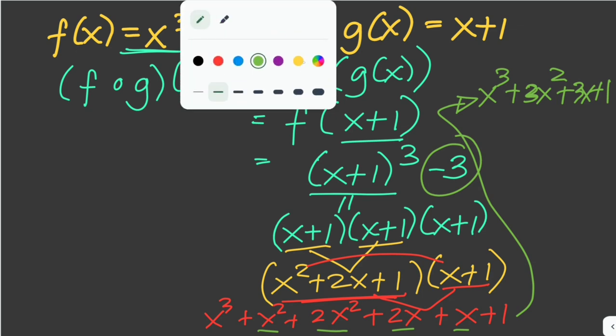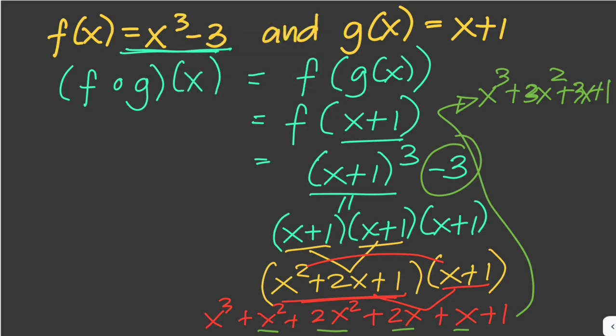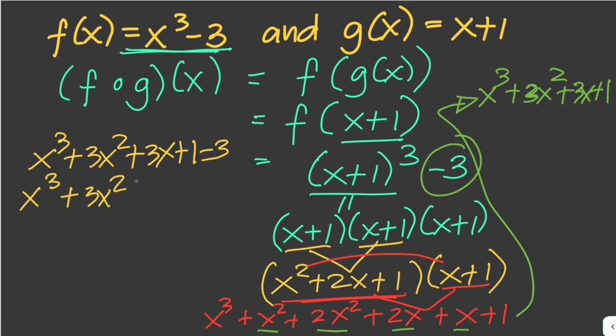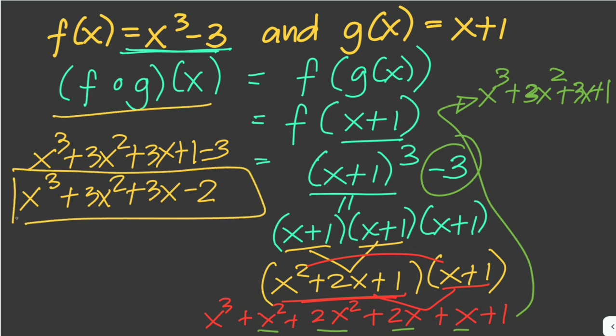So the whole thing would be x cubed plus 3x squared plus 3x plus 1 minus 3. This would be x cubed plus 3x squared plus 3x minus 2. So this is our final answer. Therefore, f of g of x is equal to x cubed plus 3x squared plus 3x minus 2.